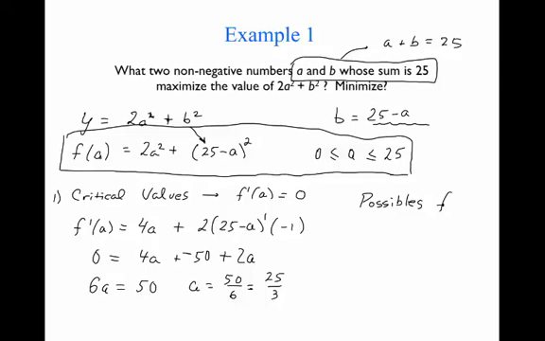So now all we have to do is list our possibles for max and min. What x values would give us the absolute max or min? 0.